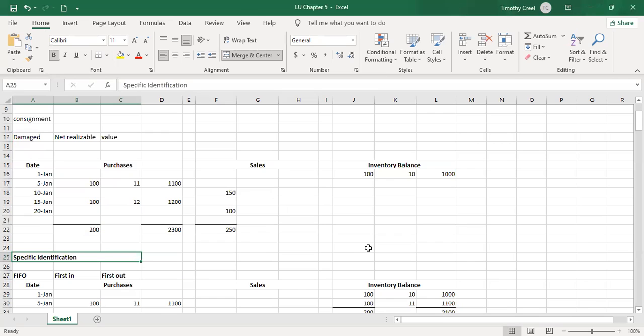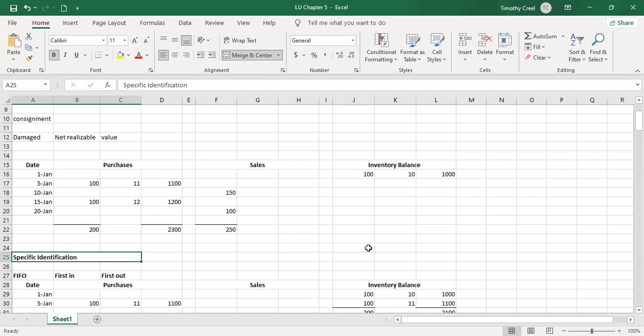So CarMax, for example, they sell used cars. So at any time, CarMax can pull a report and it should have the make, the model, the VIN number of every car on their lot. So they could use specific identification because they can specifically identify what's there. They can specifically identify what's been sold.